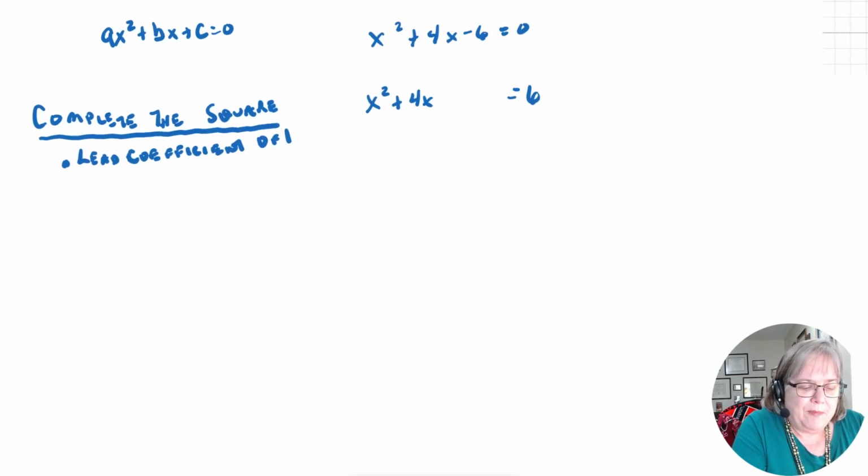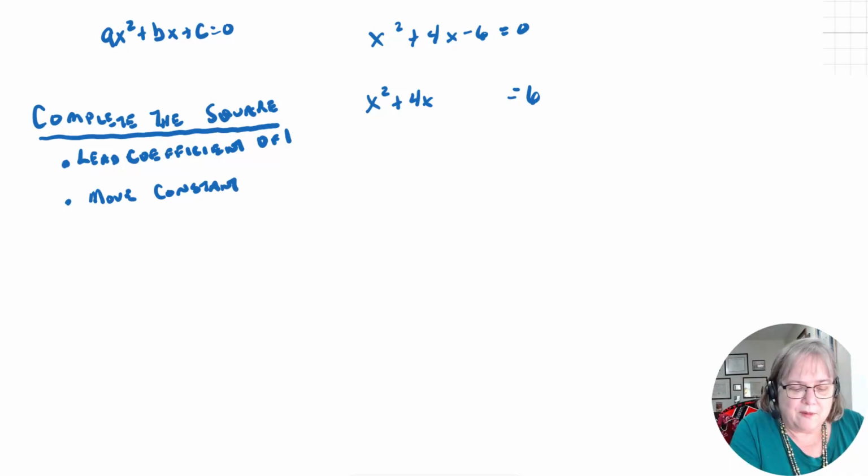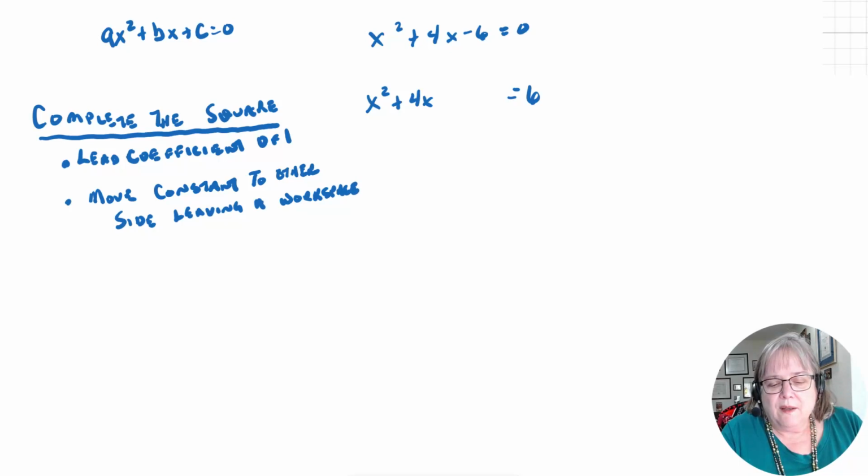All right, then you move the constant to the other side, leaving all your variable terms on one side, constant on the other side. Okay, and you leave a little workspace. All right, now, so we've done that.